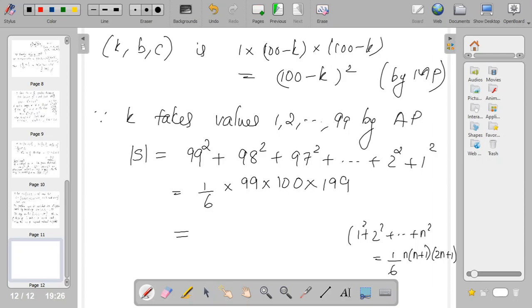So that will give us 328350. So that is the required cardinality. So this is a case where we will use both the addition principle and the multiplication principle.